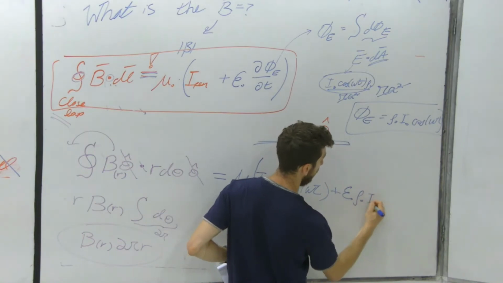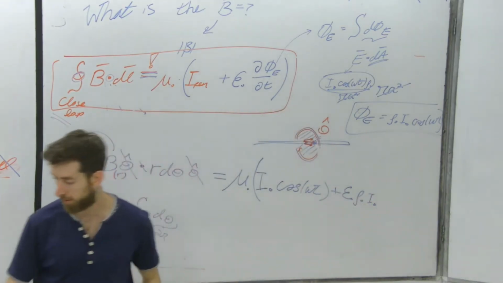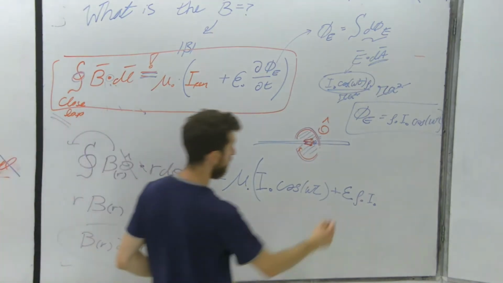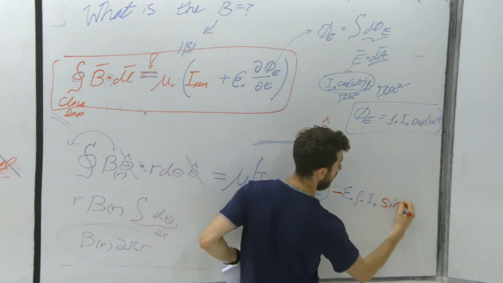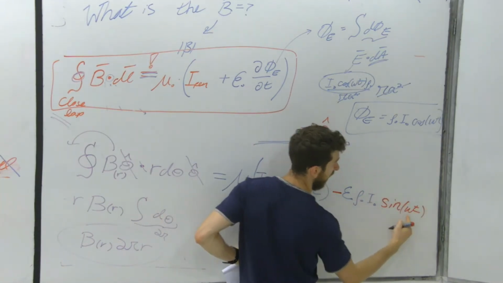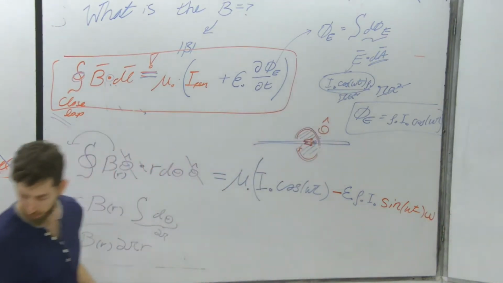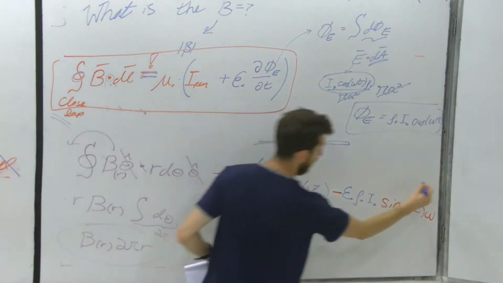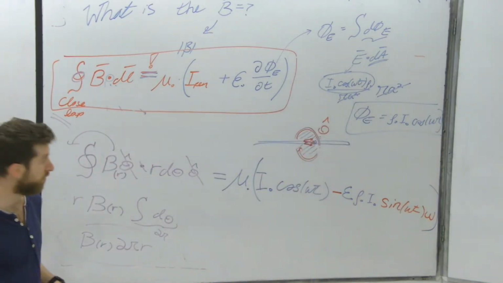So all the constants can live happily outside. What is the derivative of cosine? Minus sine. So here I'm going to put a minus, and here I'm going to write sine omega t, and this omega also comes here. Okay? Perfect. So this is the full term, but now I'm going to give you some approximation.